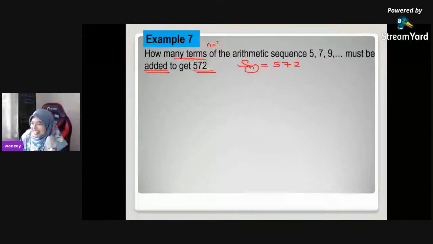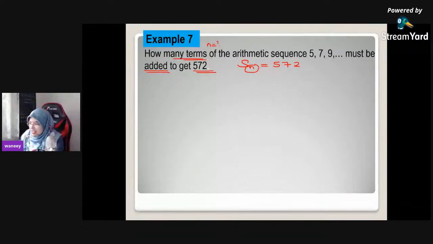Hundred percent correct. Ooh. Tiba-tiba je ada lebah. Oh, distracted.